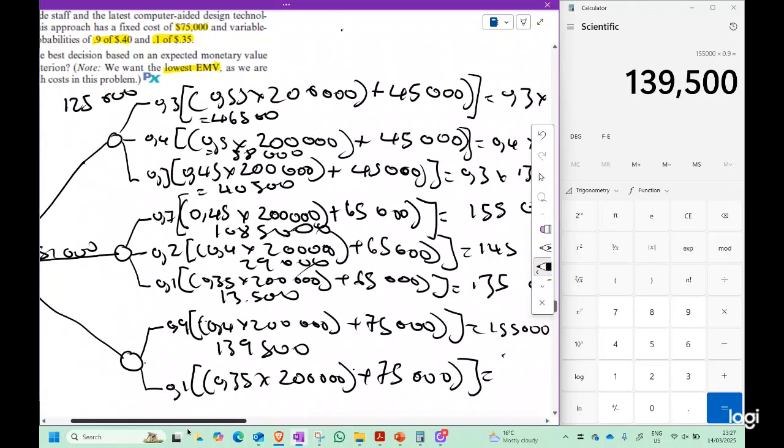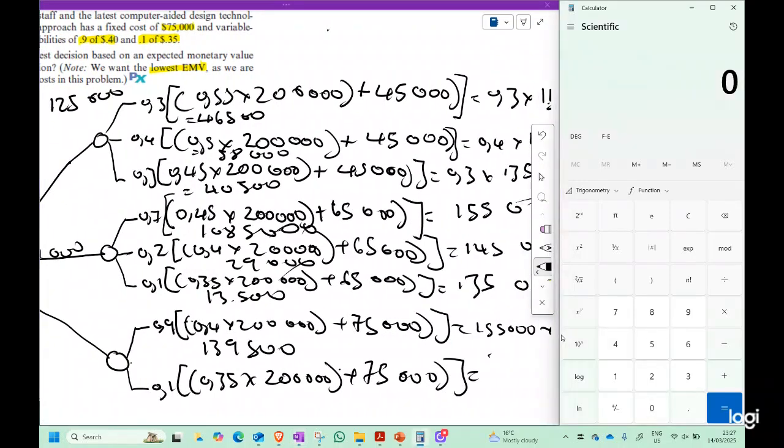We are moving right along to 0.35 multiplied by 200,000 plus 75. We're getting around about 145 and multiply by, which is 14.5 basically. Multiply by 0.1.